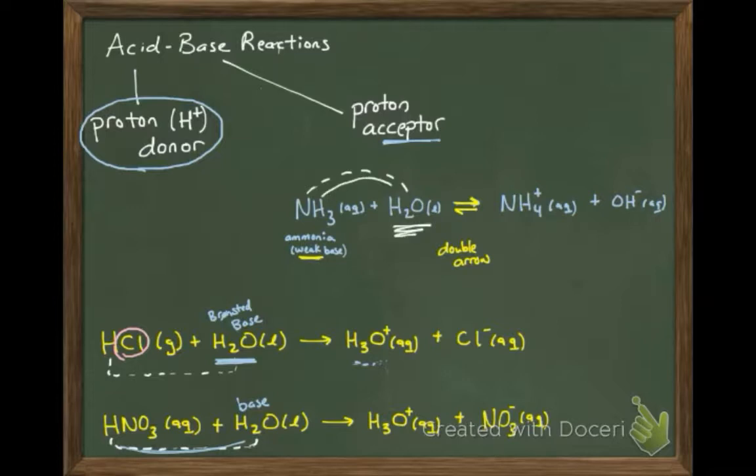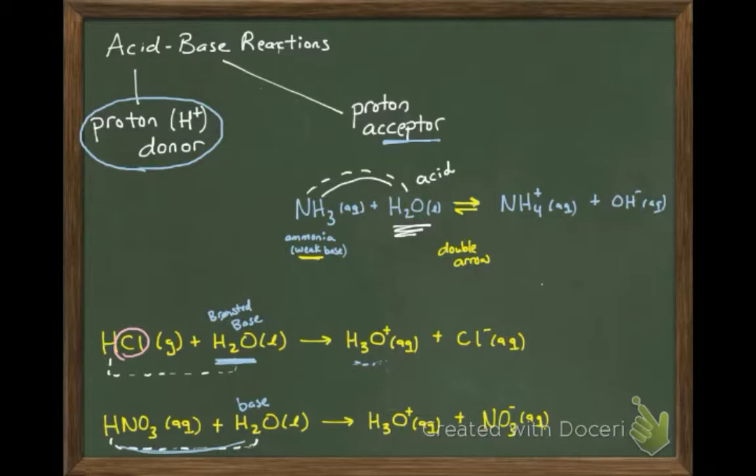However, in the reaction with ammonia, right here, water is donating a proton. So in this case, it's an acid. So water can work either way. When it reacts with a base, it can be a proton donor, and therefore acting as an acid. And when it's reacting with an acid, it will act as a Bronsted base and accept a proton.